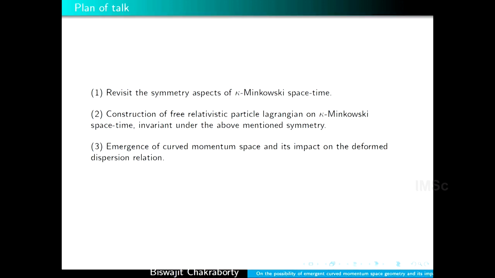So I'll give you some sample references. These are not exhaustive at all. In fact, in the paper which we are going to upload very soon on the arXiv, we will hopefully insert more references. So the plan is: construction of a relativistic particle Lagrangian in Kappa-Minkowski space-time invariant under the above mentioned symmetry, emergence of curved momentum space and its impact on the deformed dispersion relation.